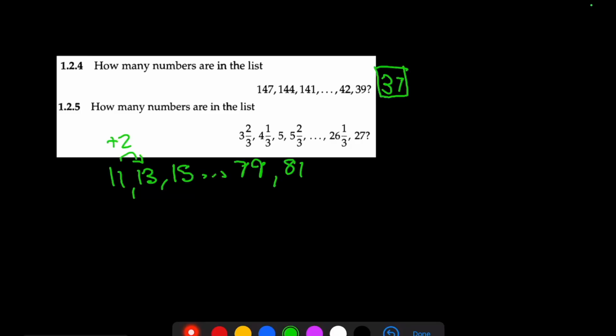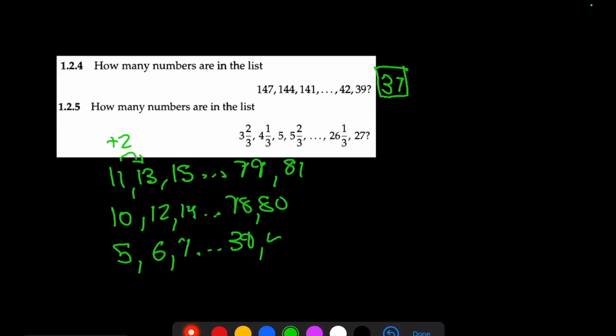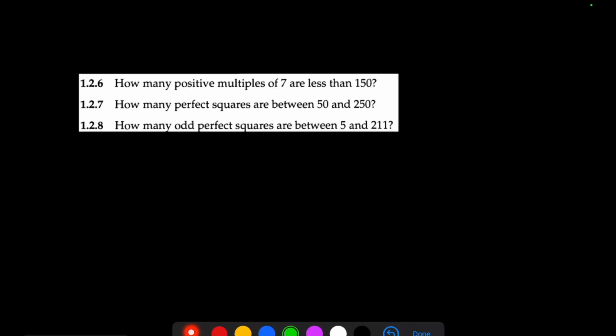So let's just subtract 1: 10, 12, 14, up to 78, 80. Divide the entire thing by 2, you get 5, 6, 7, up until 39, 40. 40 minus 5 plus 1, 36. And so our answer is 36.